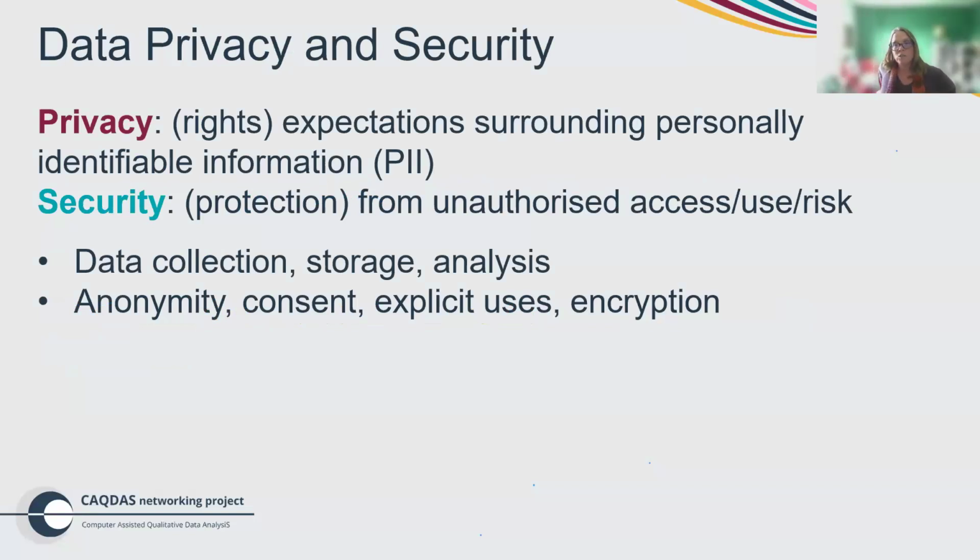So data privacy and security in terms of our data itself is really, really important, because when we're doing qualitative research, we are not always, but often we are using data that has come from real people. Okay, so we have to respect their privacy and think about the rights of those human participants and their expectations around what we do with personally identifiable data. Okay, and then also the security of that data.